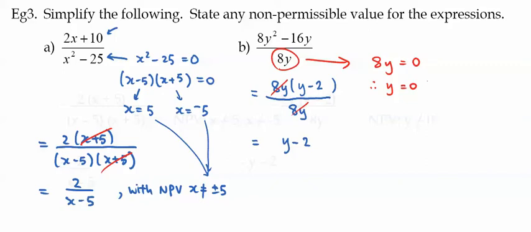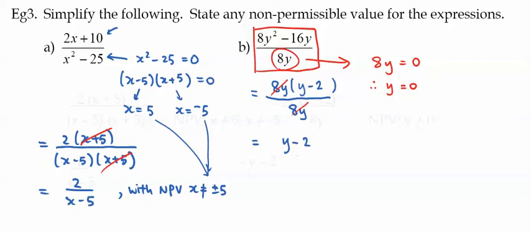Because when you have y equals 0, if you put this number back into the question itself using 0 for y, you will end up with something over 0. And it will make this expression undefined at the end.